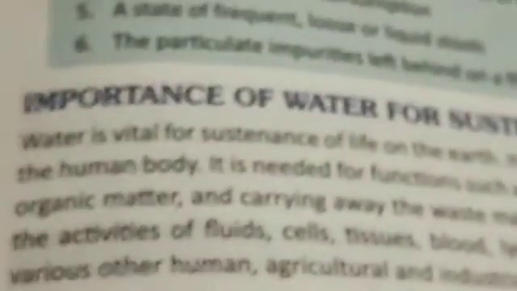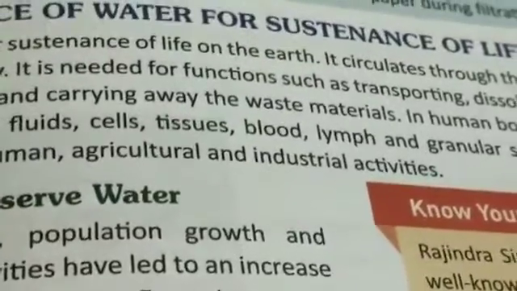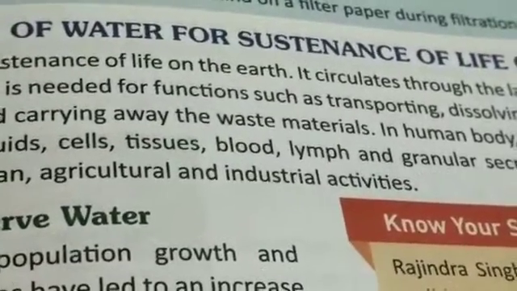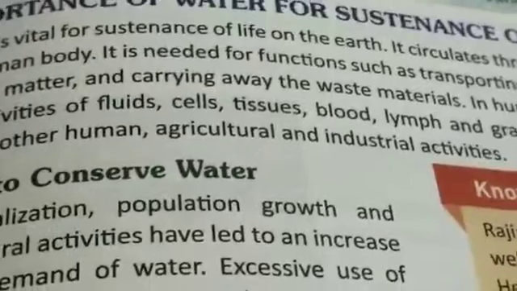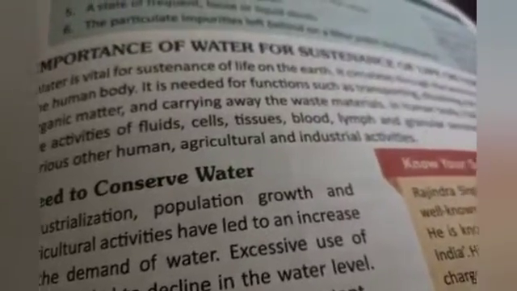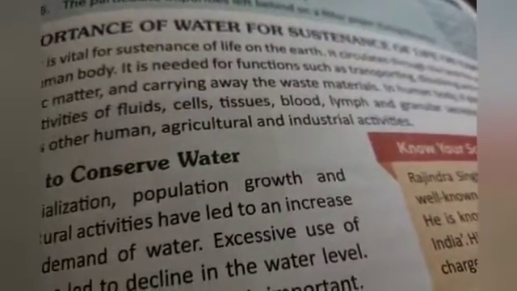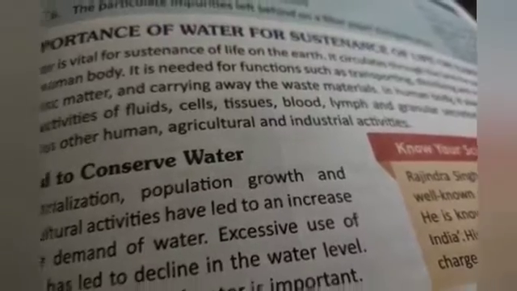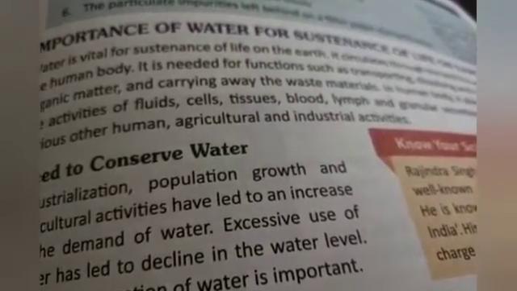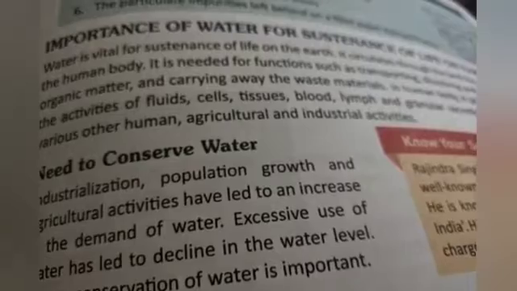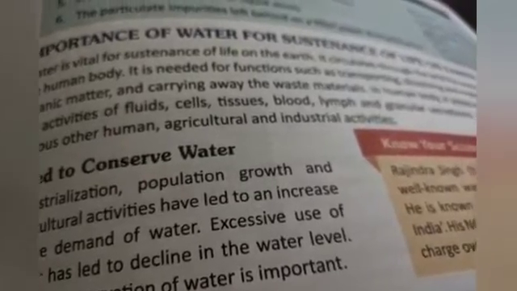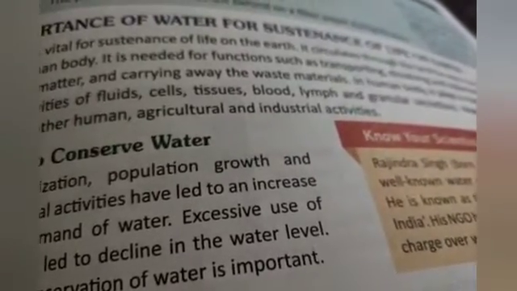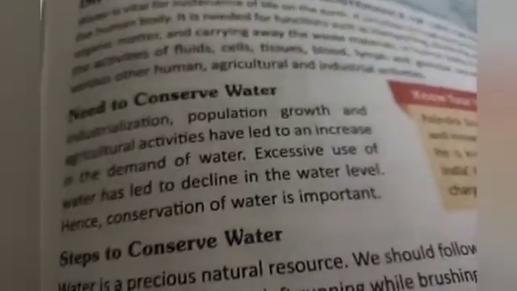Now let's see the importance of water for the sustenance of life on earth. It is the basic requirement, and it is needed for body fluids in transporting materials, and it is also important for activities in agriculture and other industrial activities.